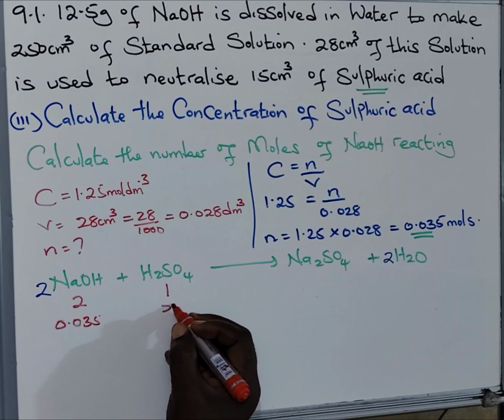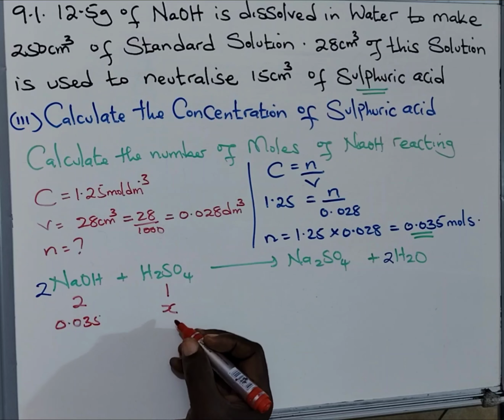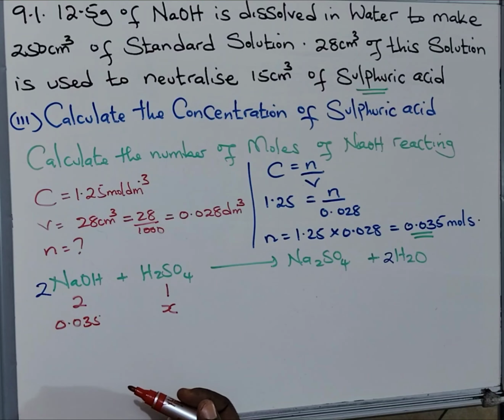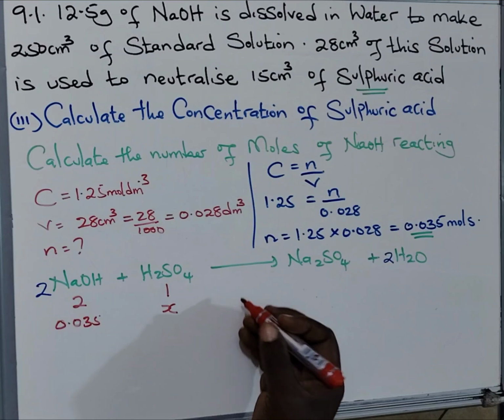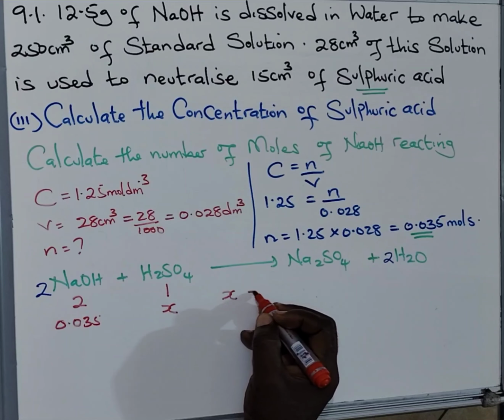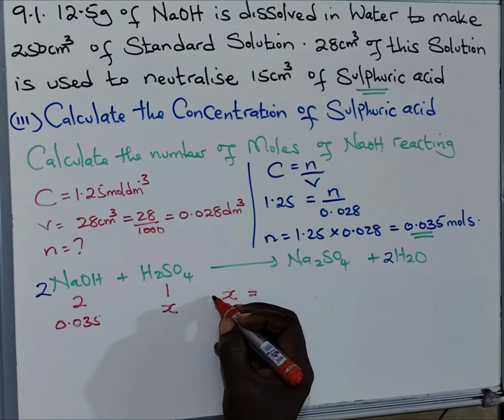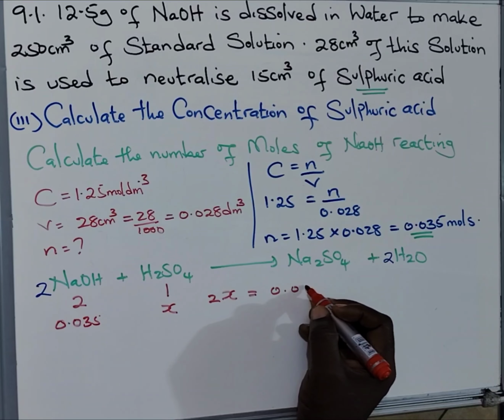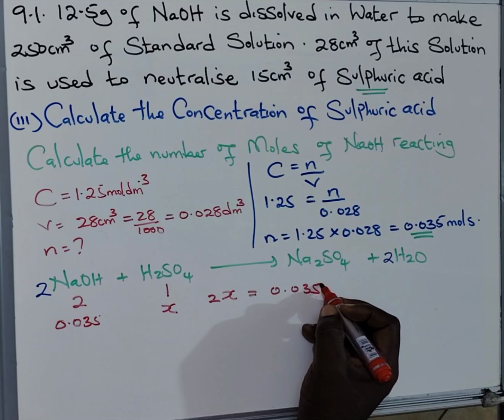Then you look for this. And you have to know that these are directly proportional ratios. What does that mean? That you obtain the unknown through cross multiplication. So what are you going to get? You have 2x giving you 0.035.